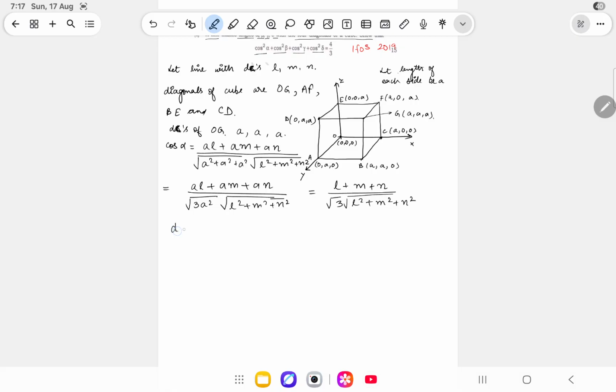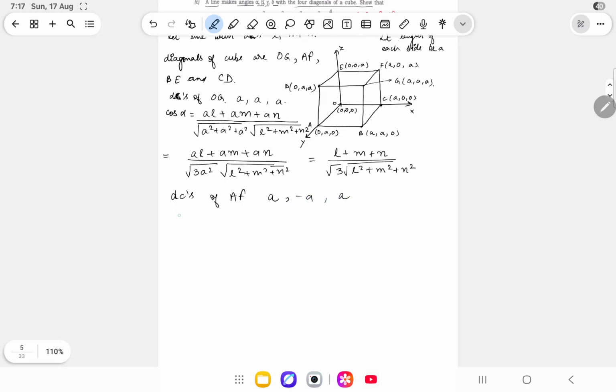So let's see the direction ratios of AF. A and F will be A minus 0, that is A, 0 minus A, that is minus A, and again A minus 0, that is A. Let the line make angle beta with this one.